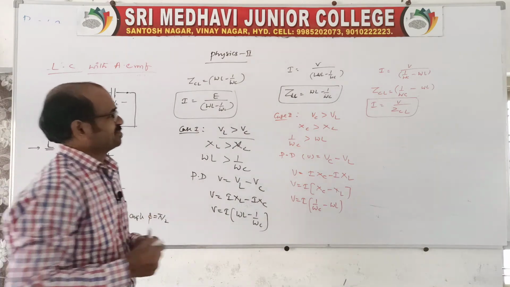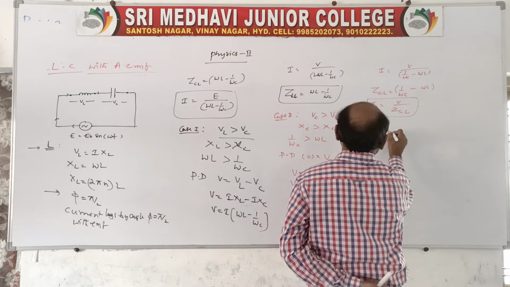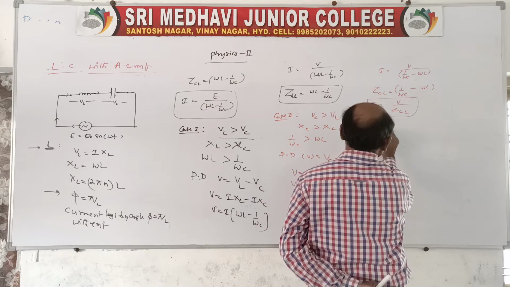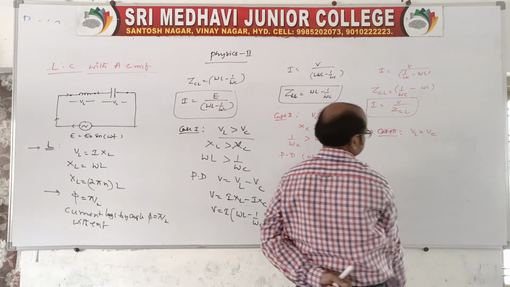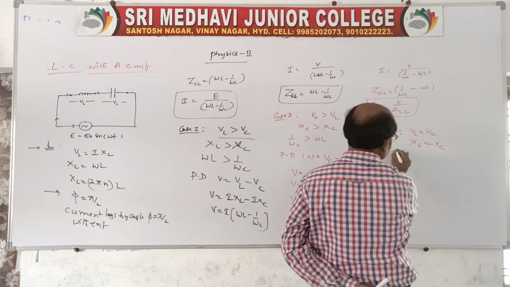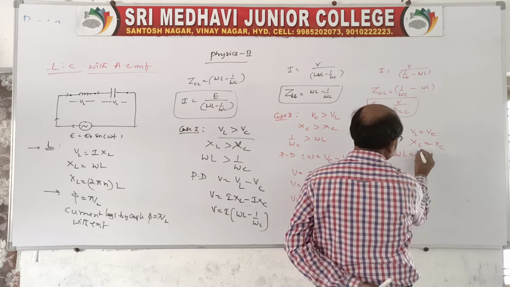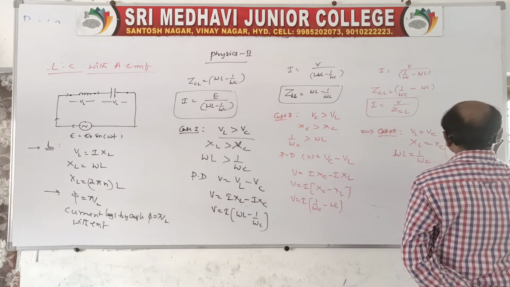Now the third case: VL is equal to VC. When VL is equal to VC, it means XL is equal to XC. Therefore ω L is equal to 1 by ω C. This we can call LC oscillations.